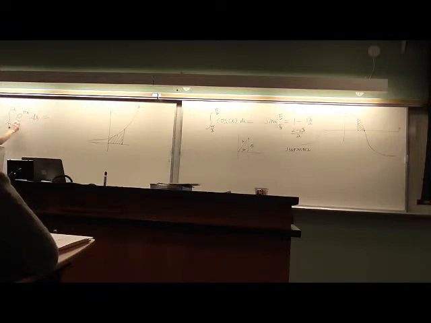So I know what the antiderivative of e to the x is, right? E to the x. So the antiderivative of e to the pi x is probably going to look like that. So as my first guess, I could just try that.